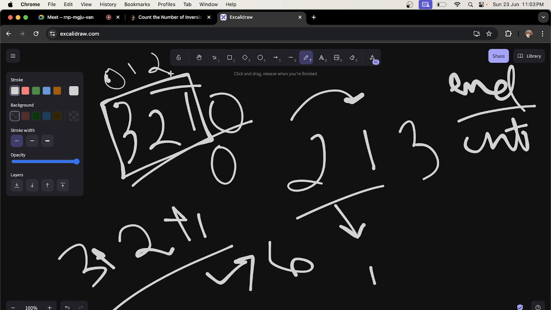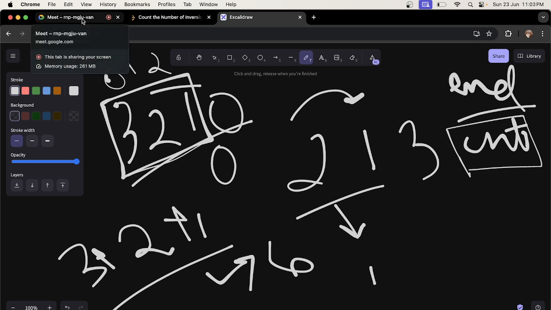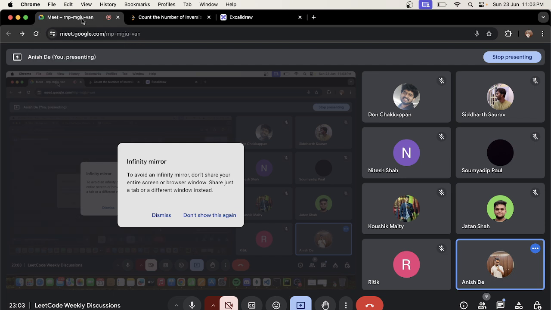The inversion count from 0 to 2 should be equal to count. So the permutations must follow these requirements. The question is clear to everyone, right?